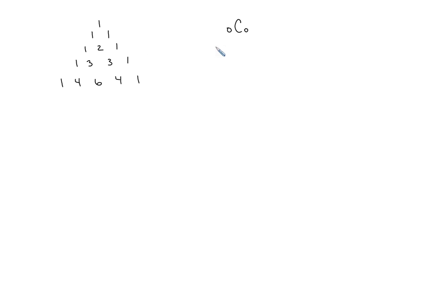Row 1, column 0 is 1C0, excuse me. Row 1, column 0 is right here. Row 1, column 1 is 1C1. This is then 2C0, 2C1, 2C2.